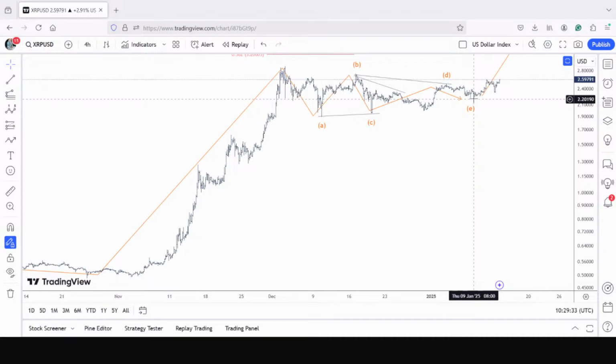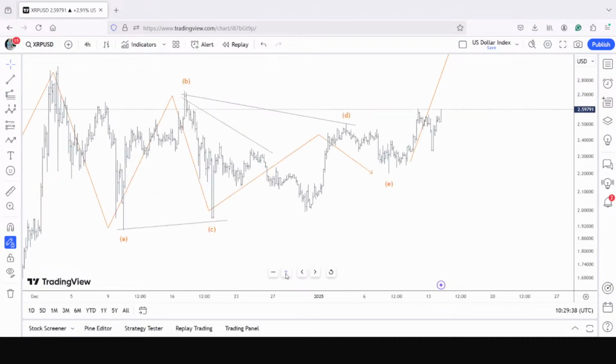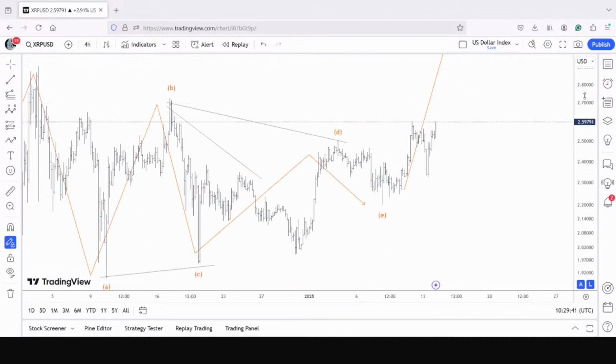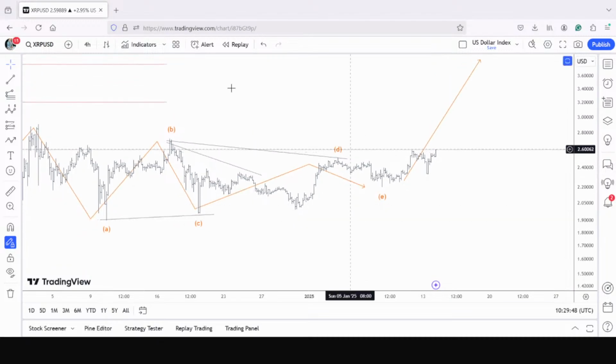Just want to stay away from the noise sometimes. Okay, so stop change to 2.2 for now, with a target unchanged towards 3.7, if I remember correctly. Yes, it is somewhere around the 3.7 mark.